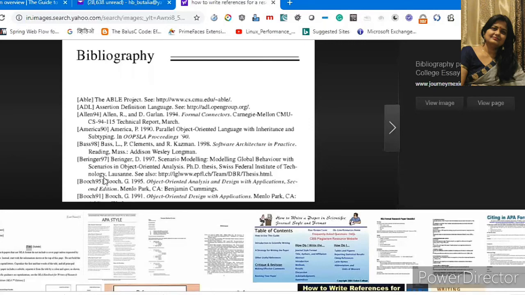But it depends upon your style of writing, and maybe your guide can specify which style he or she wants you to use in the paper or the project report. So you can consult your guide for which type of format, but generally I recommend that 1, 2, 3, 4 would be more relevant. Some people try to put the latest papers, that means those published in the present year, first, and then gradually go in descending order in terms of years.